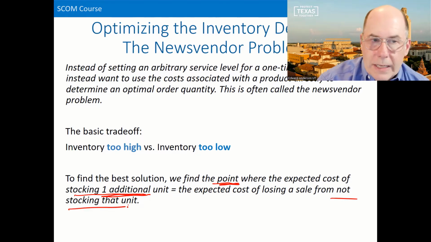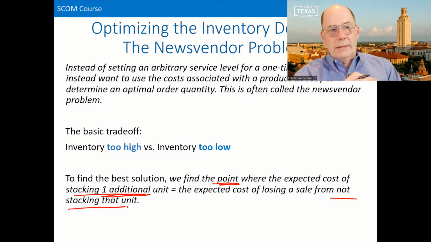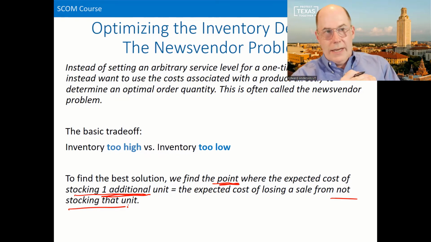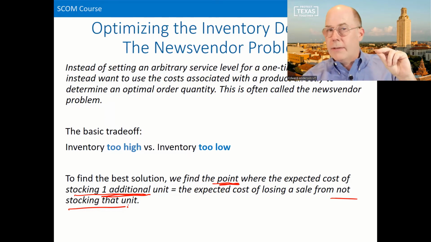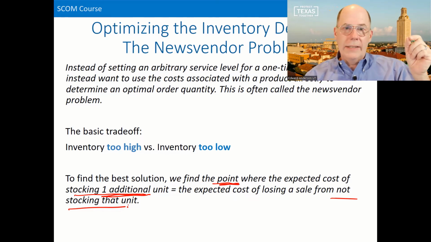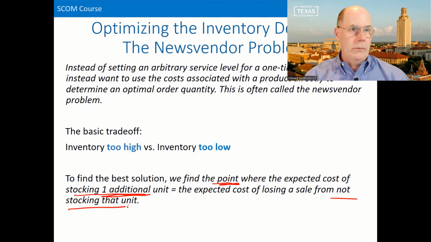When we say expected cost, realize that the cost is whatever the cost of having one too many is, multiplied by the odds that you will have at least one too many.